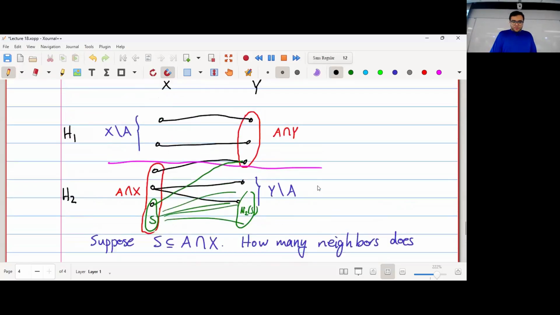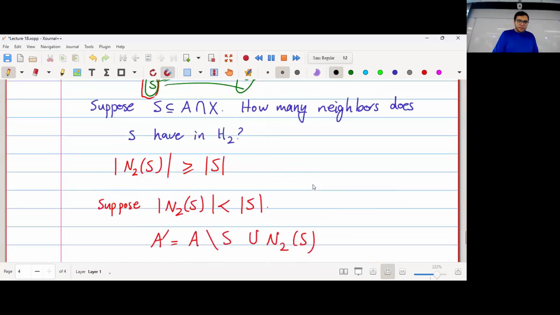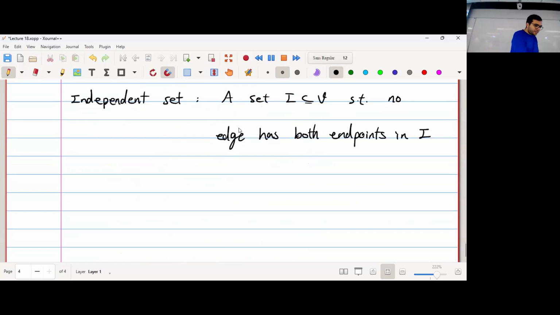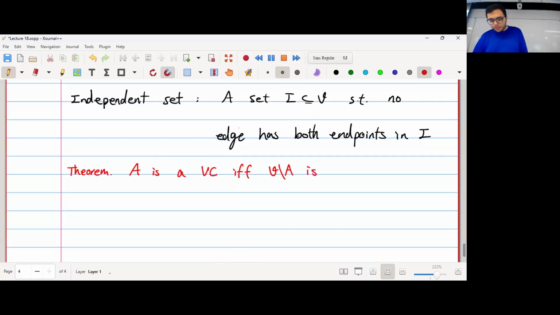What is the connection between a vertex cover and an independent set? So this is the next theorem that I want to prove. I want to say A is a vertex cover if and only if, when I look at its complement, V minus A, that's an independent set.